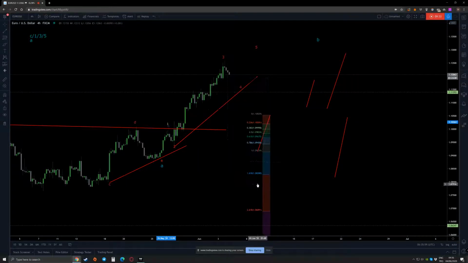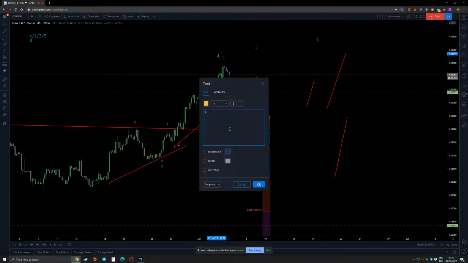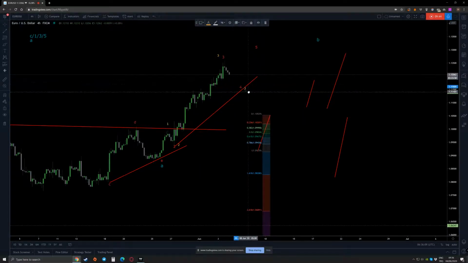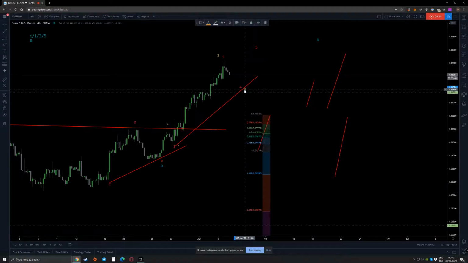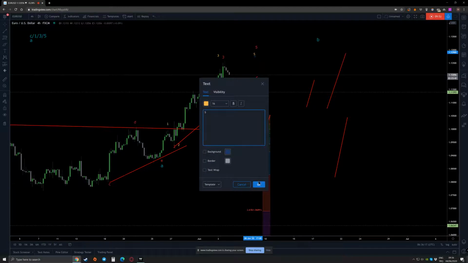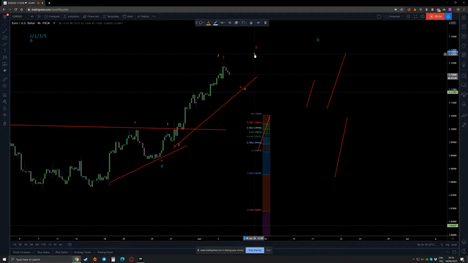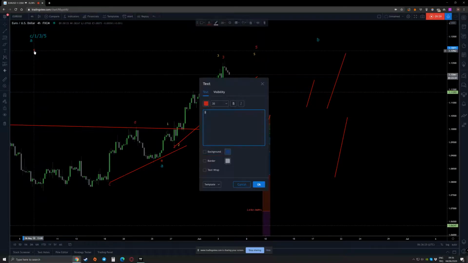Let's say in this yellow, we have 1, we have 2, we have a 3 here, we will have a 4 here, we will have a 5 here, and this 1, 2, 3, 4, 5 can also finish wave A of something, or it will be the wave 1.